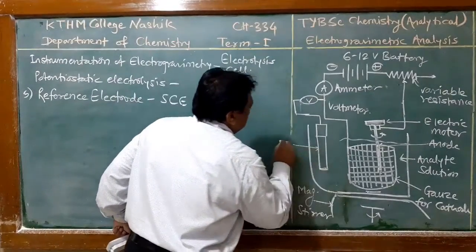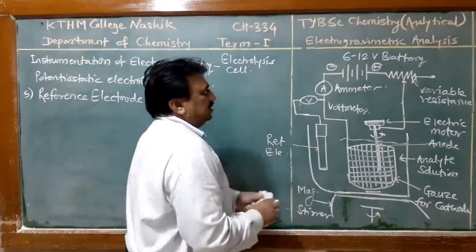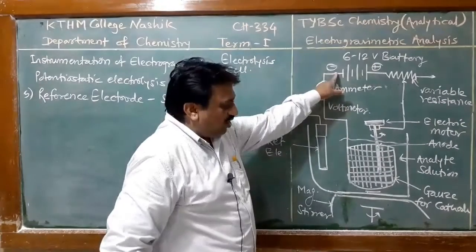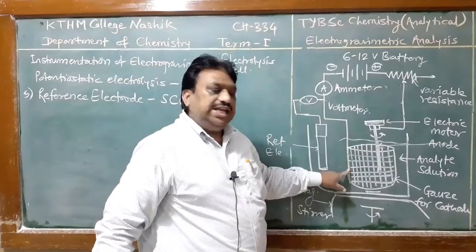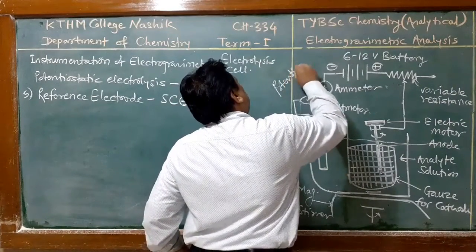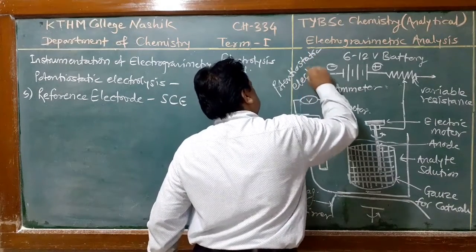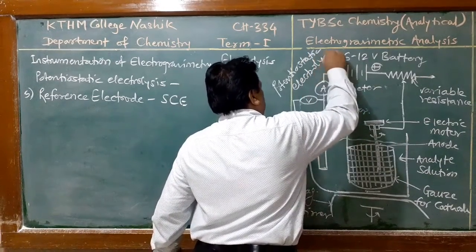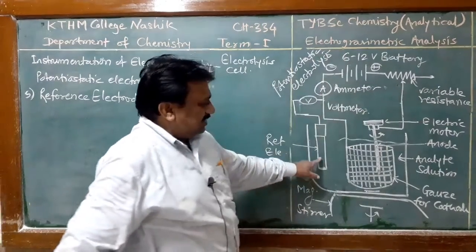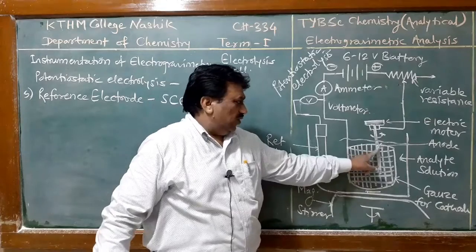Now, this is a reference electrode, and this becomes the electrolysis cell for potentiostatic electrolysis. This is a figure for the potentiostatic electrolysis process. Therefore, a reference electrode is placed along with the cathode and anode.